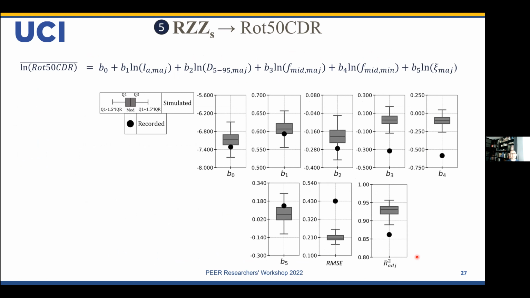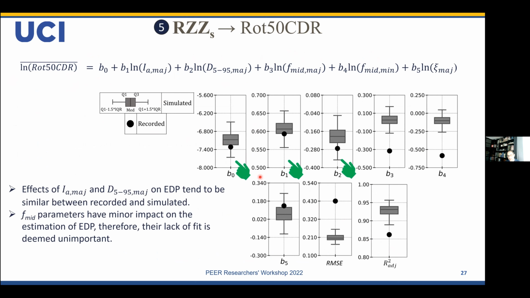This is an equation that takes you from RZZs to response. The dot is the result of the regression from the recorded set. The ranges are the results of the coefficients from fitting the equation for the simulated catalogs. And as you can see, there is good, well, you can call it good.